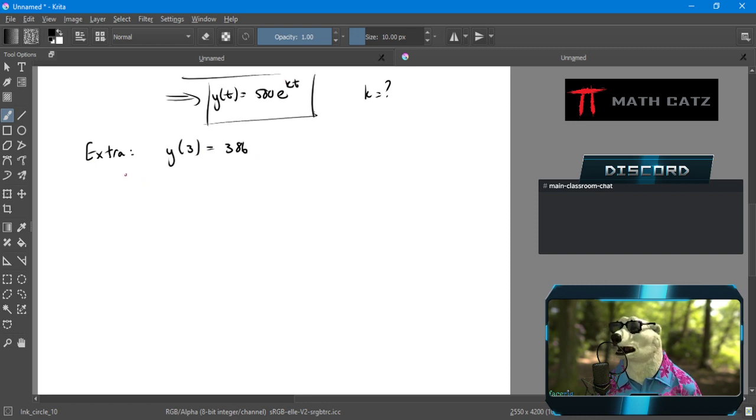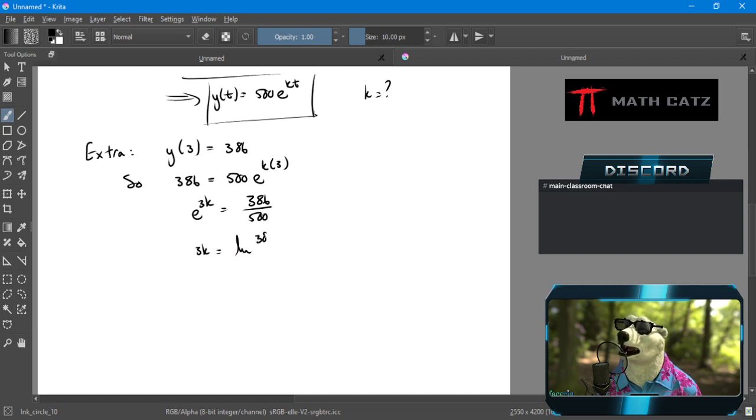So I can say that 386 has to equal 500 e to the k times 3. So e to the 3k is 386 over 500. 3k is therefore the natural log of that, and so k is a third of log 386 over 500.